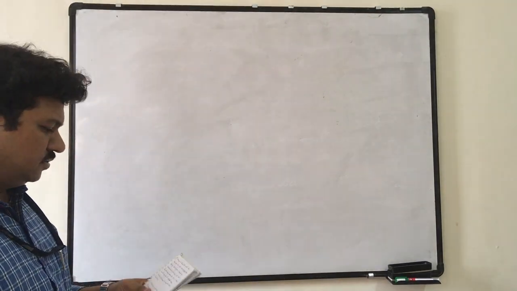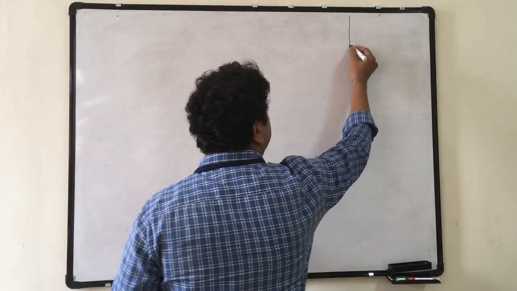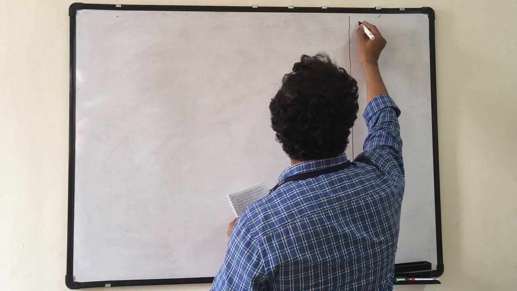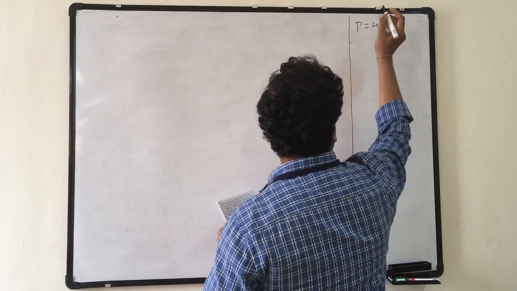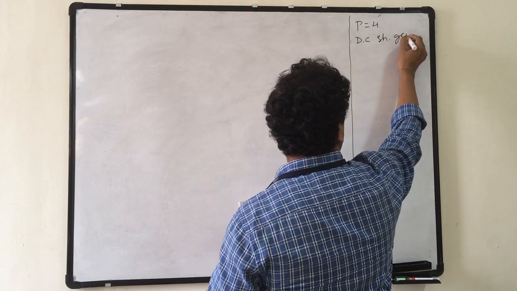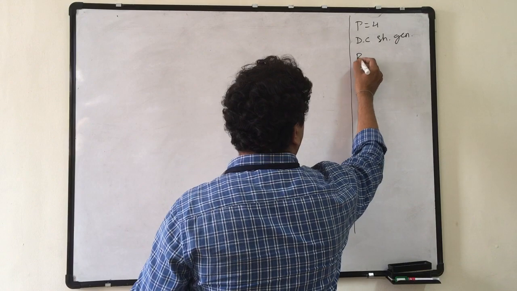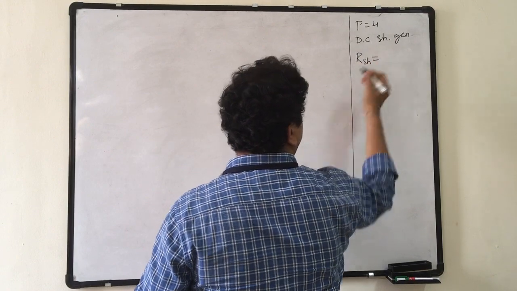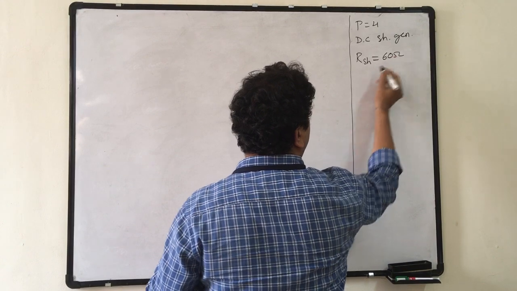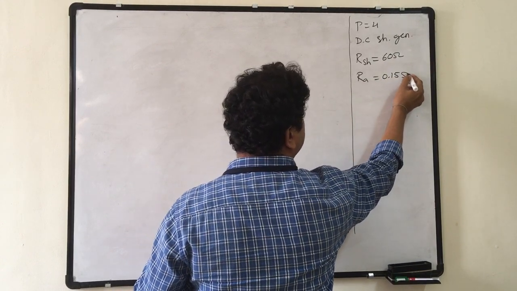So I will write down the given things. I have a 4-pole DC shunt generator, P is equals to 4, having shunt field resistance of 60 ohms and armature resistance of 0.15 ohms.